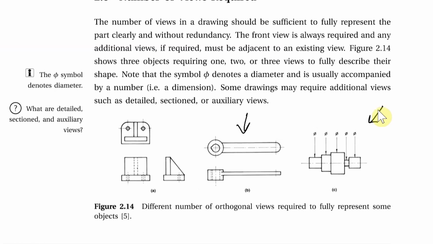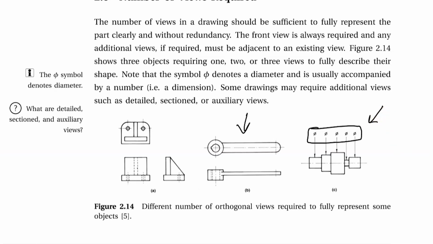This is where we have the phi symbol. In engineering drawings, the phi symbol represents diameter, and it's usually followed by a number. So for example, phi 10 means it's a 10 millimeter diameter circular feature, hole or cylinder, whatever it is.